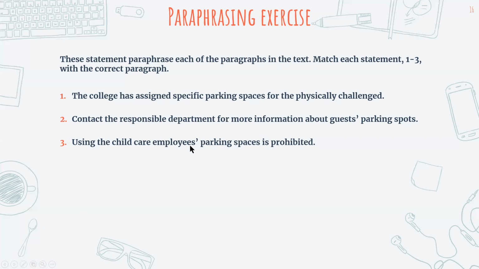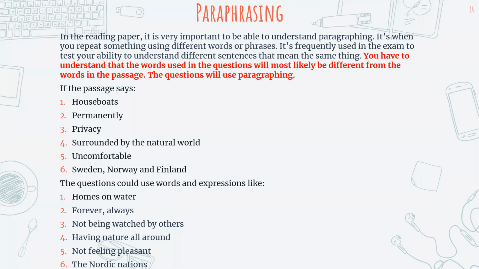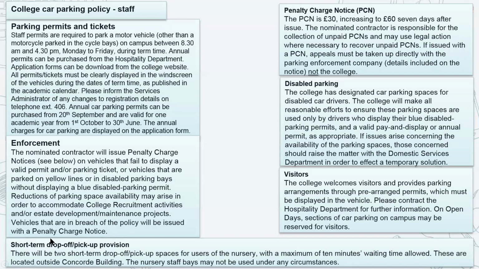It says here child care employees. Let's go back to the text. Okay, it's users of the nursery. The nursery staff base may not be used under any circumstances. Nursery staff, which means child care employees.